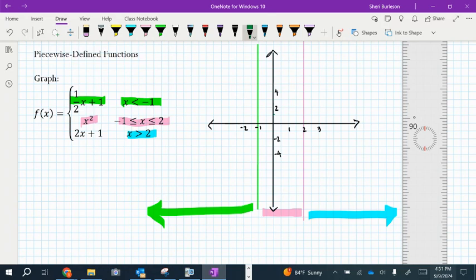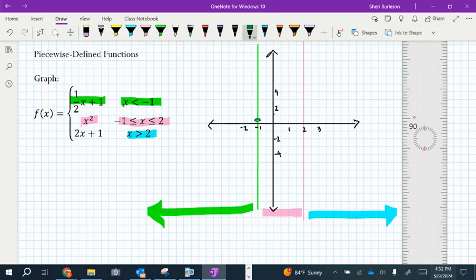I went down 2 at first because I changed my scale. So at -1, I should have an open circle at 1/2. I could also determine that by plugging in -1 into that, and I get -1/2 plus 1. So that's an open circle because it is not equal to, and then it's just going to be a line.